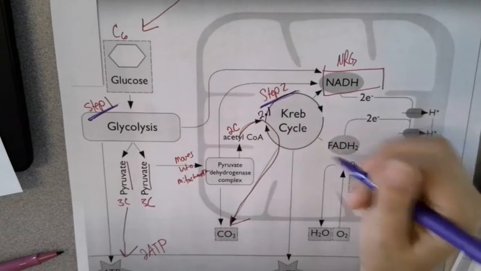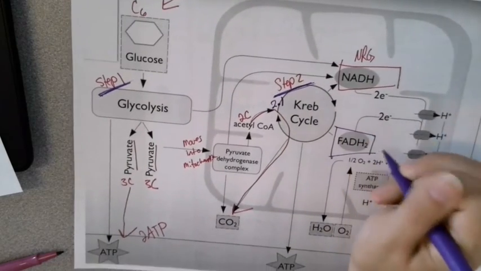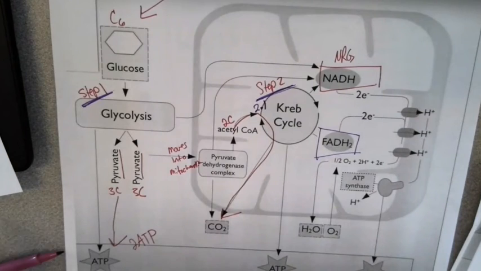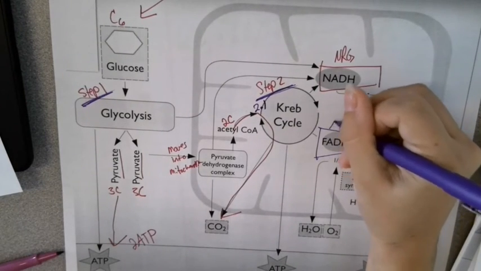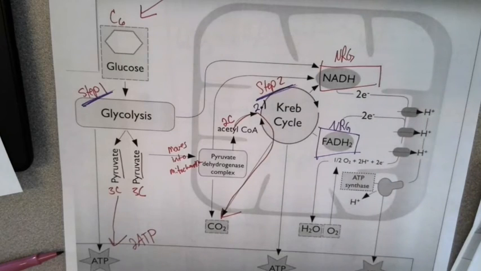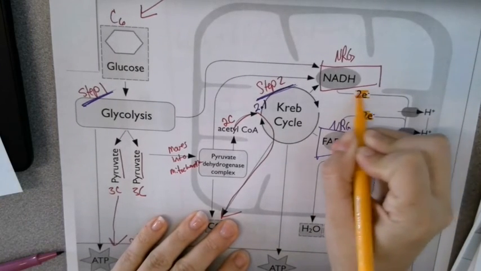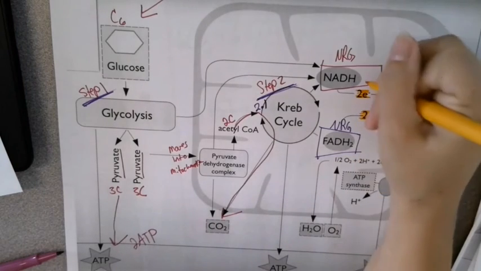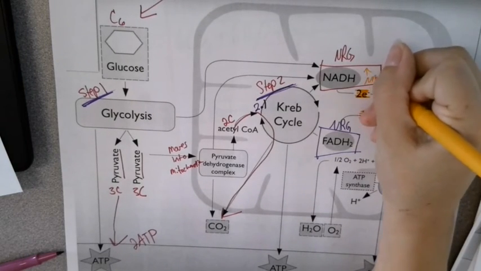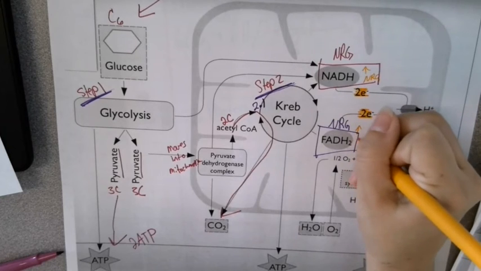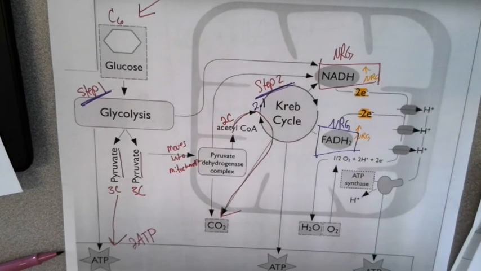NADH will have another friend called FADH2, which I know is starting to be a lot, but it is again just energy. So both of these forms of energy are going to give us electrons. So an electron here and electron here. So this is going to be high energy. Same thing here. This is going to be high energy.